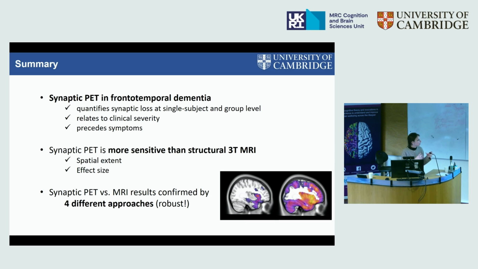Today I showed you four different approaches we used to compare synaptic PET and MRI, to be super sure that this was not related to the approach we were using, for example voxel-wise or region-based analysis, and that what we were measuring was something in addition to atrophy that we could easily identify with structural MRI. So I think it's a pretty robust result.